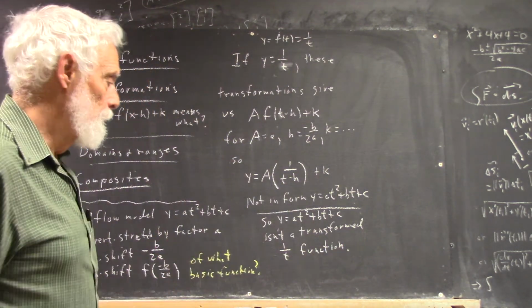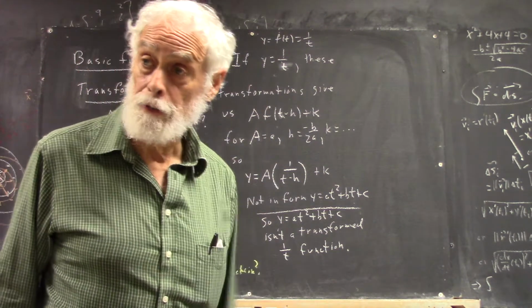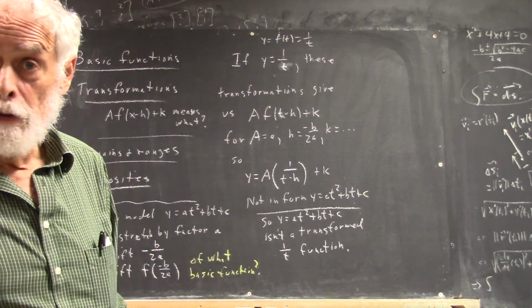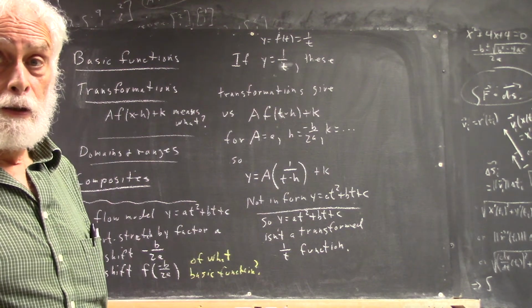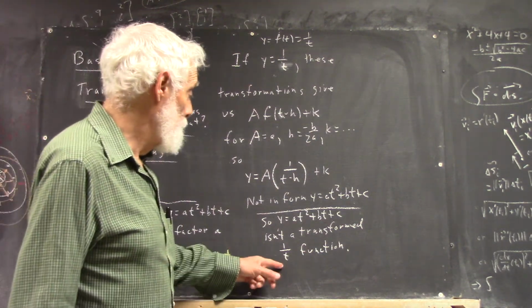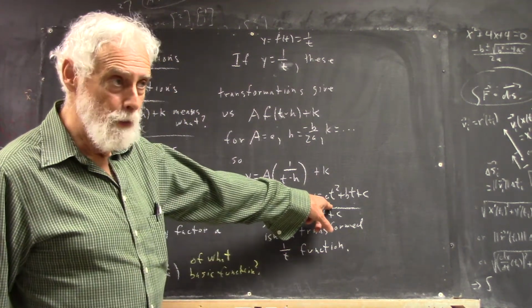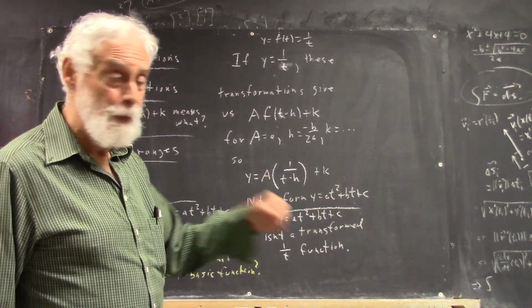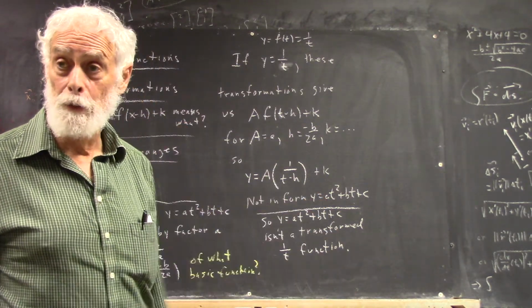Well, 1 over t is a perfectly good basic function, or 1 over x, doesn't matter what you call the variable. Okay? Perfectly good basic function, but it doesn't lead us to the form of a quadratic function, does it? So we're going to take a guess as to what function we might want to use?